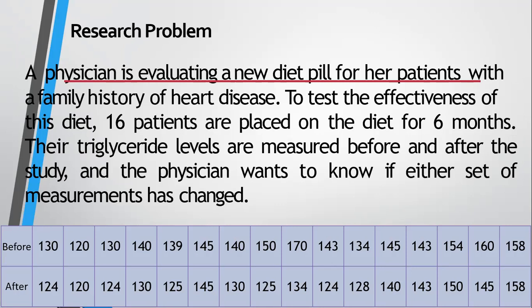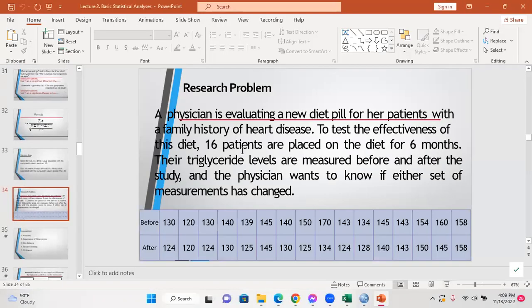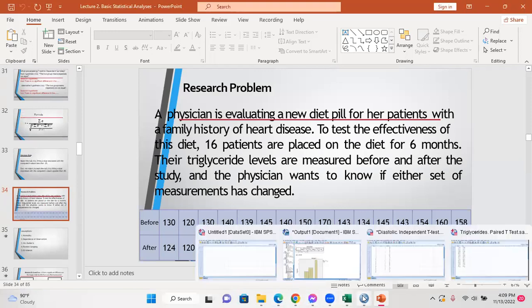The triglyceride level were measured before and after the study. The physician wants to know if either set of the measurements has changed. Kung nagbago ba ang triglyceride level. So, open the triglyceride.